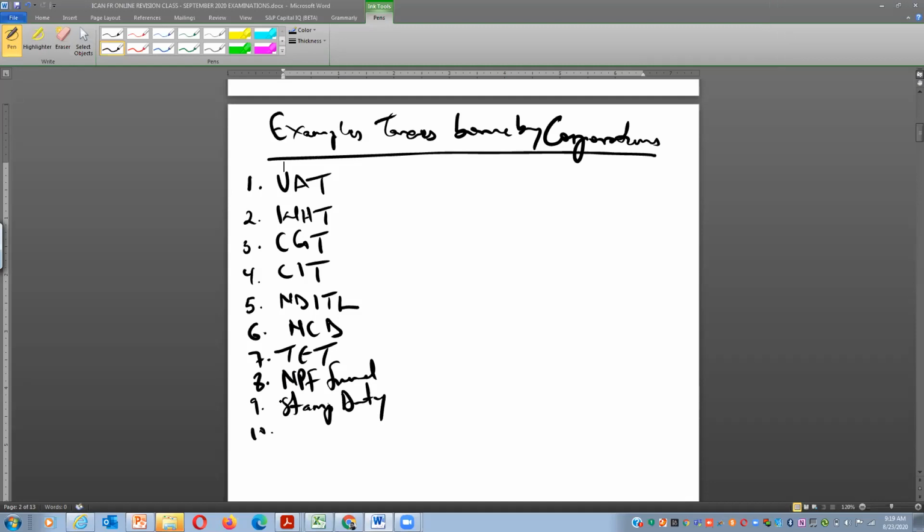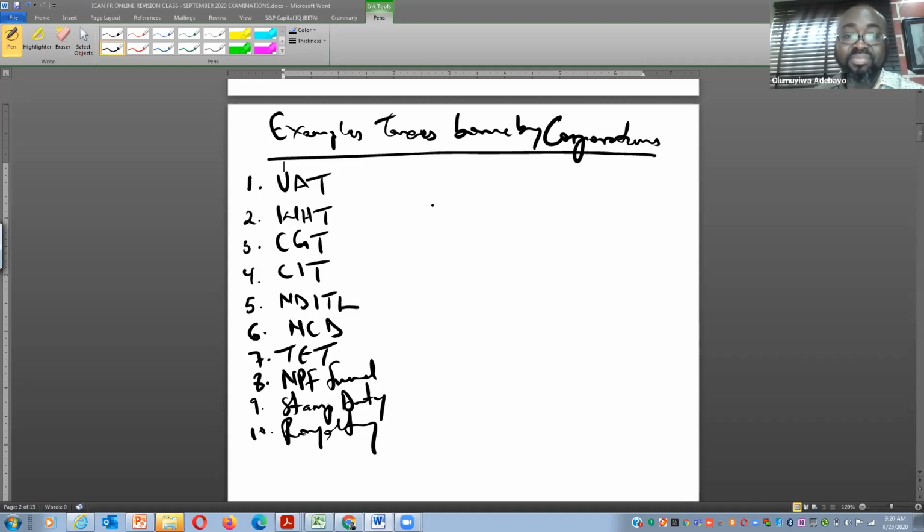Which other one known to you? Royalty. There are still many more. Dividend tax. Which other one do you know? Are you aware of NCC levy for telecoms?